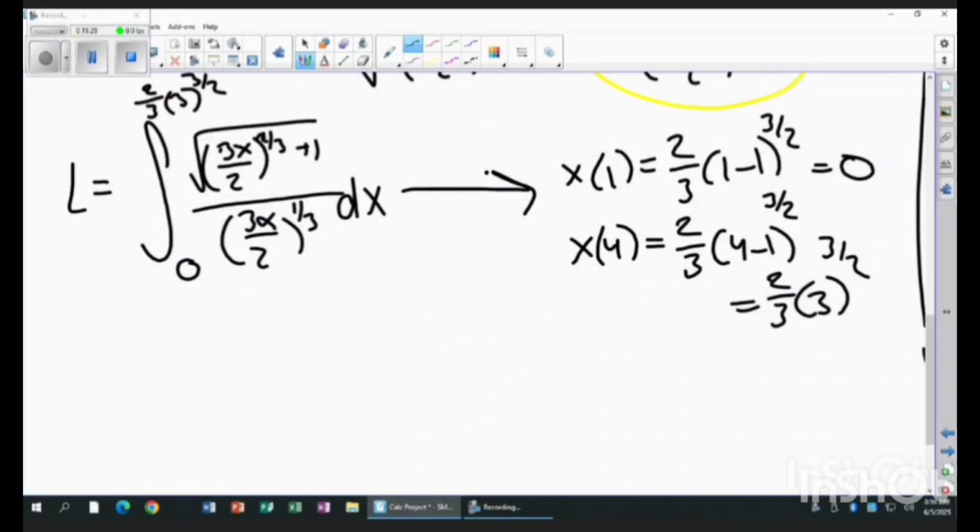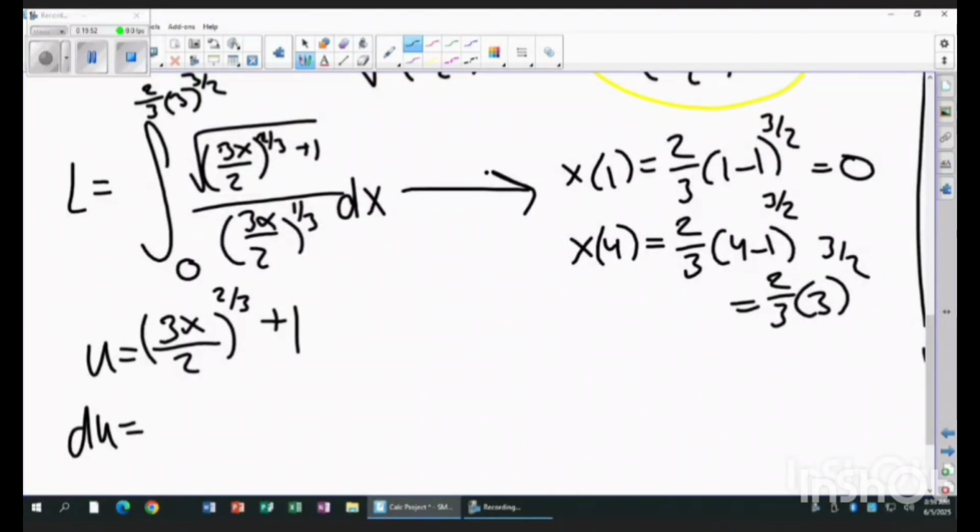Again, you will need to use substitution because there is no way you'll be able to solve this on your own. U equals 3x over 2 to the 2/3 plus 1. It's our inside function, and we know that if we use this and we get derivative, it will help us out.